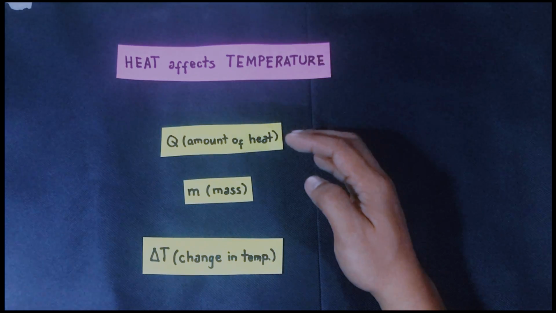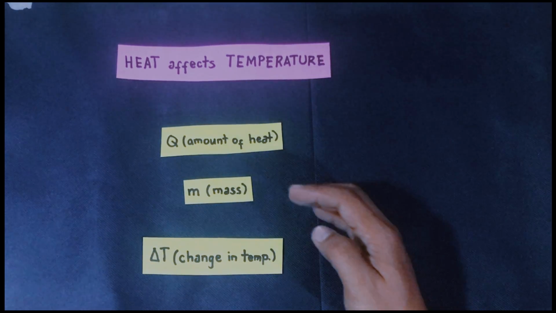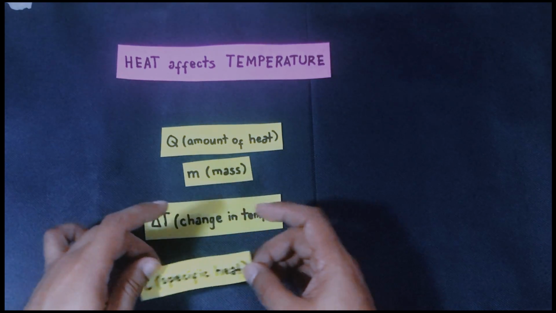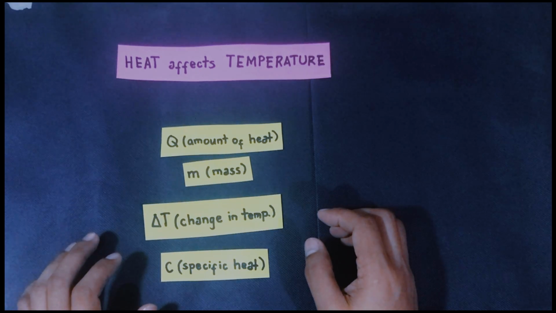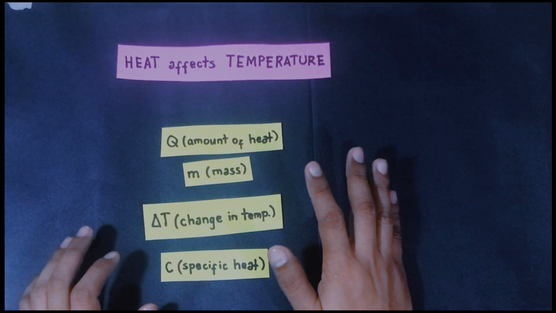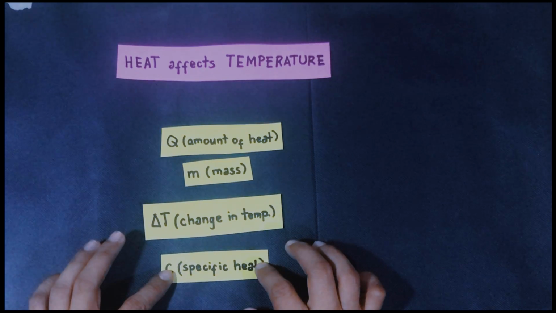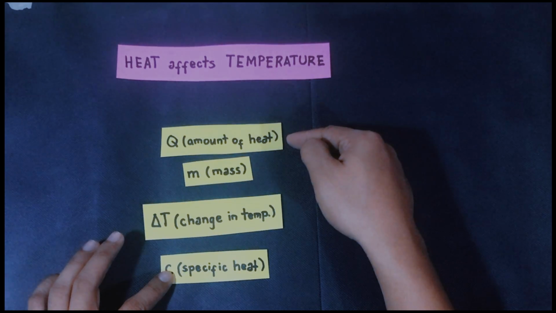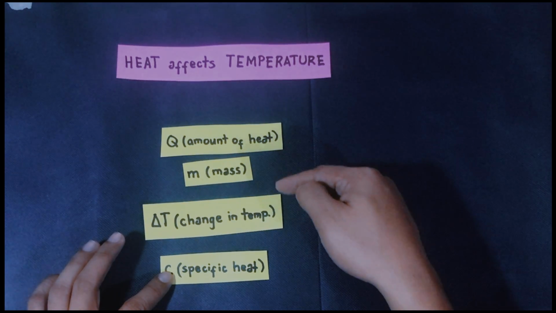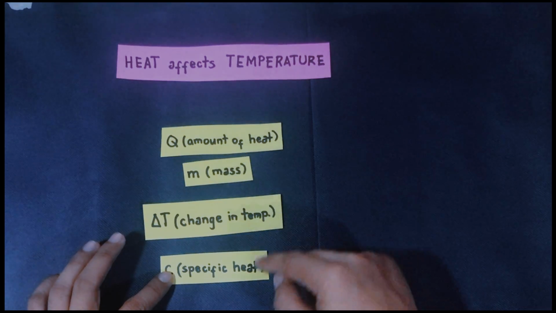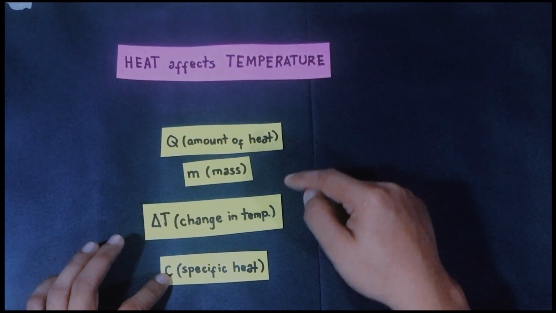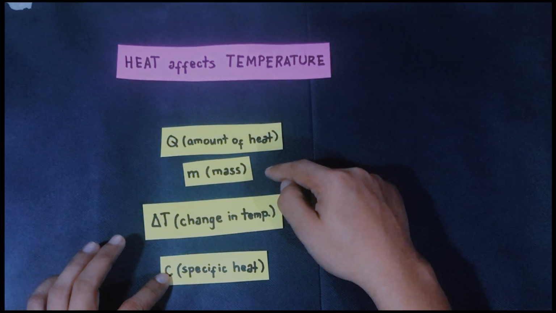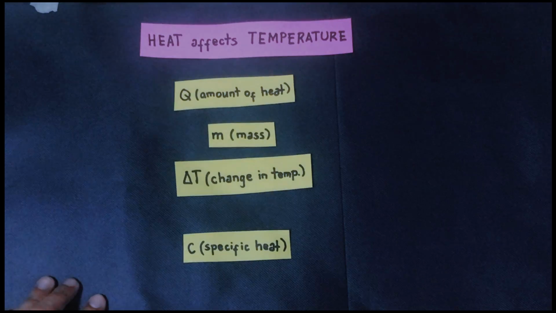And these variables can give us what we call the specific heat. So to sum up, specific heat is the amount of heat needed by a certain mass of a substance in order to change the temperature.